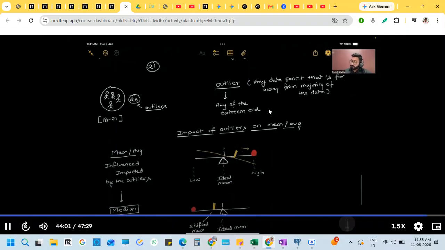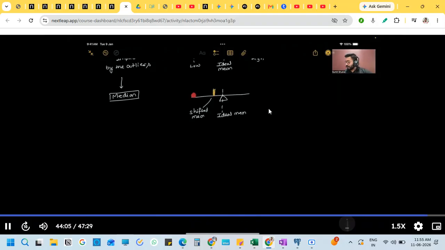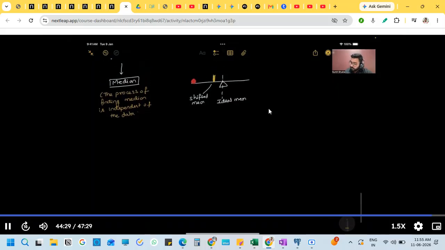Since the process of finding median is independent of the data, median is not influenced by the outlier. So whenever your data comes with outliers, we should prefer using median, not the mean.